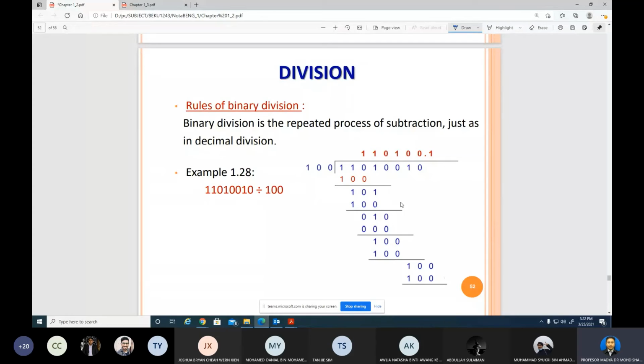It's similar to decimal. 100 multiplied by 1 here, so we get 100, and then you use subtraction and get 10, and then you bring down 1. I think this is simple mathematics. Then 100 multiplied by 1, and get the remainder here. Bring down 0, and then so on. It is similar to decimal.